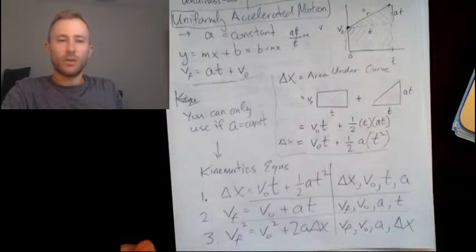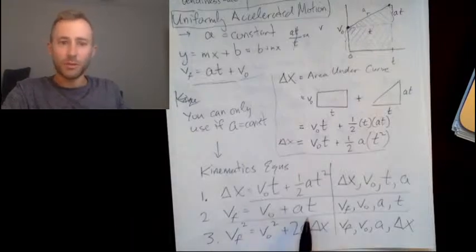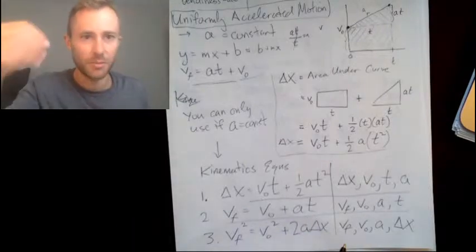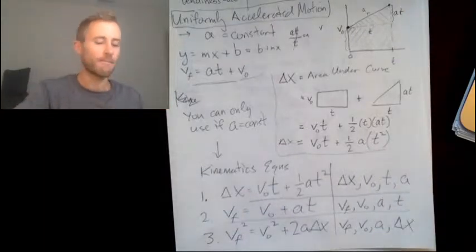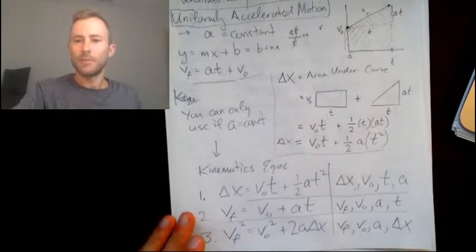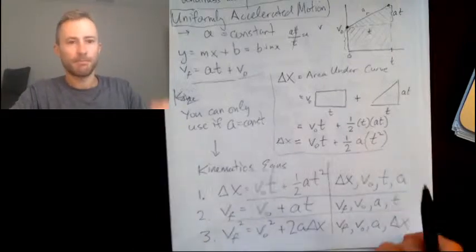It can't be the second equation because the second equation has time, and this problem doesn't want to know how much time it takes to stop. It wants to know how far forward you roll while stopping. So we're going to use equation 3.